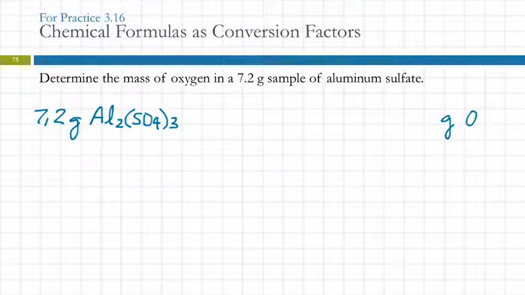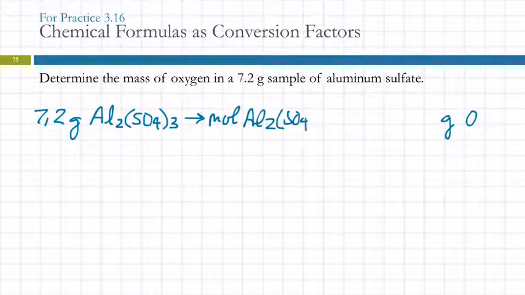So we can go from grams of aluminum sulfate to moles of aluminum sulfate because we can calculate the molar mass. And if we had moles of oxygen, we could get grams of oxygen.